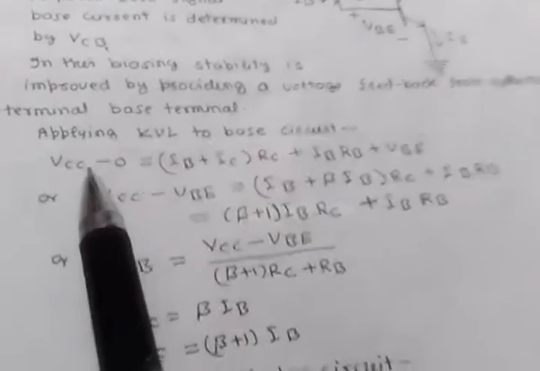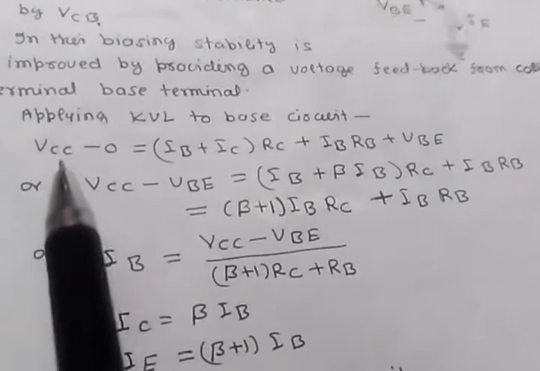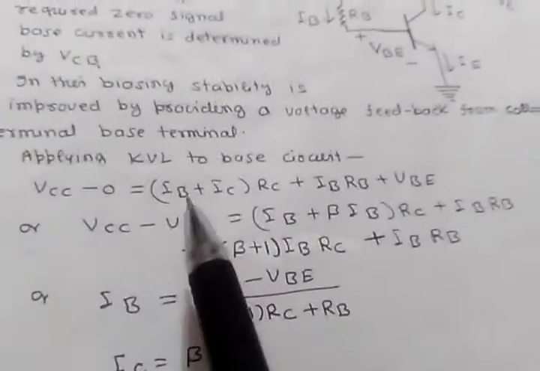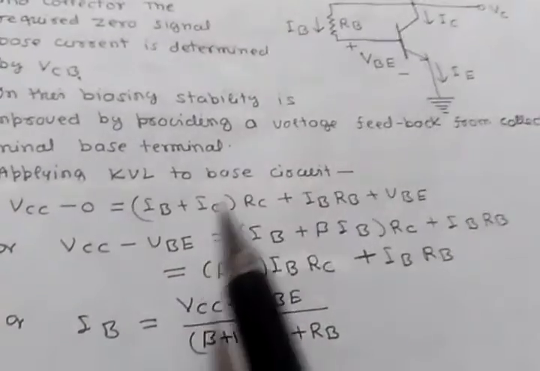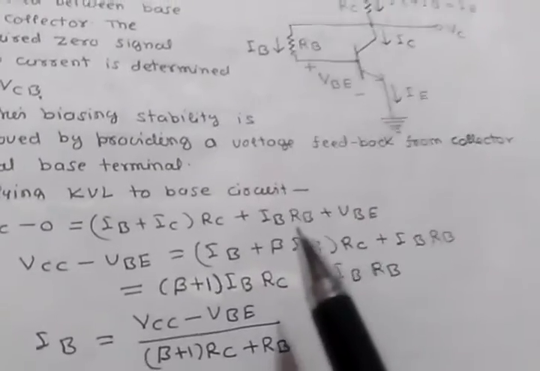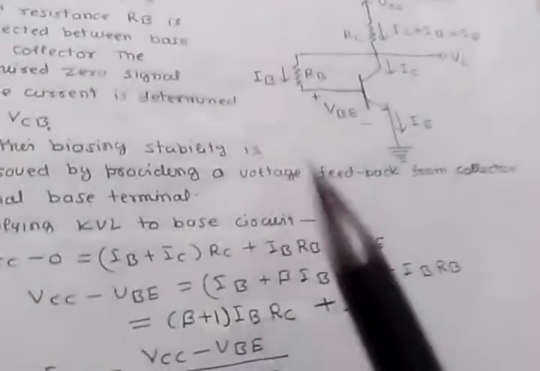So the KVL equation for the base circuit can be written as VCC minus 0 equals IB plus IC into RC, this is the voltage across RC, plus IB RB, this is the voltage across RB, plus VBE.